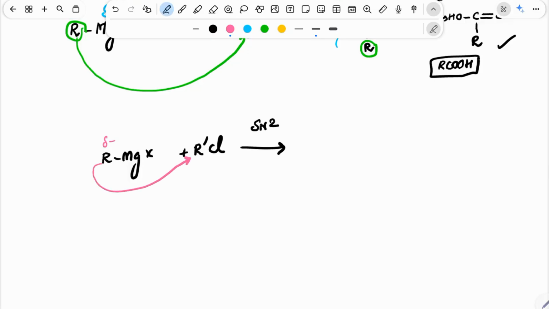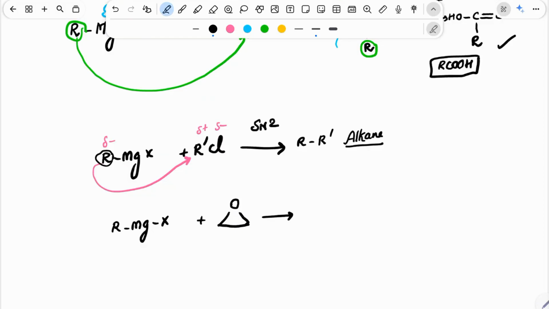It's a nucleophilic substitution 2. So what happened? This R minus will attack from the backside, right? So backside attack happens and I will get R dash, again the alkane, but the number of carbon is different, no? It will have more carbons than the Grignard reagent R.